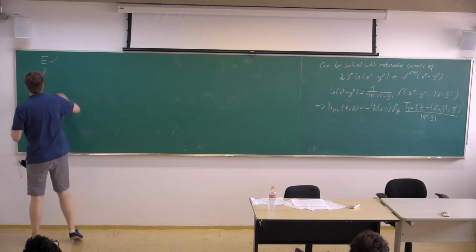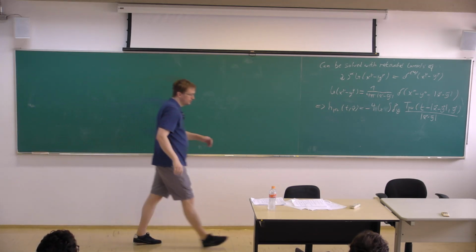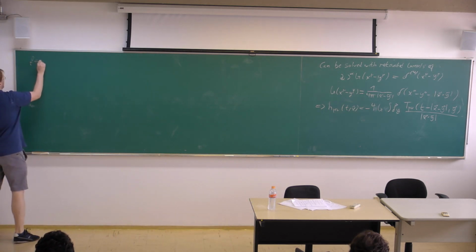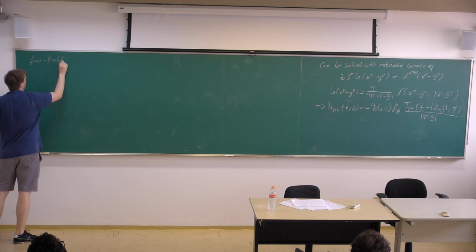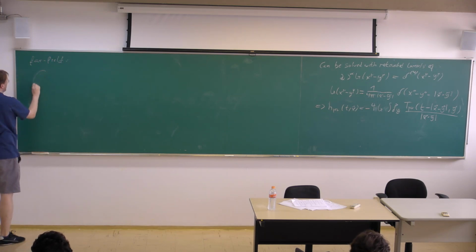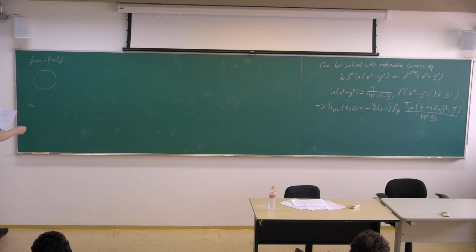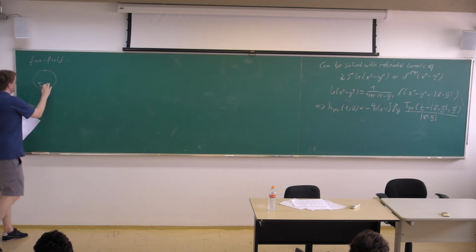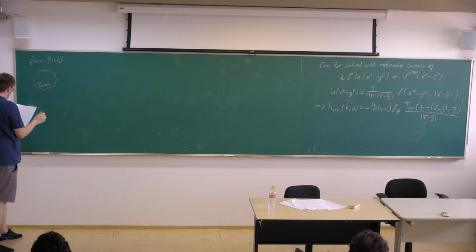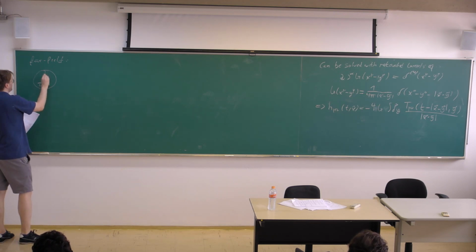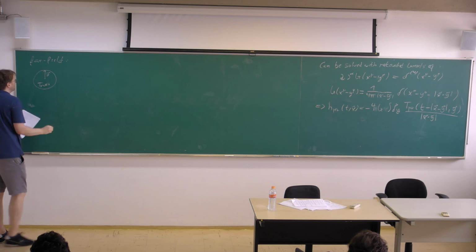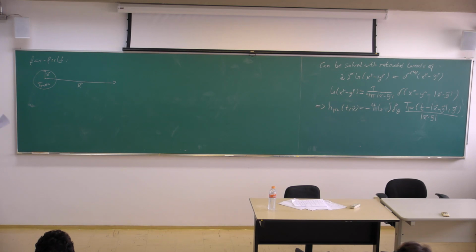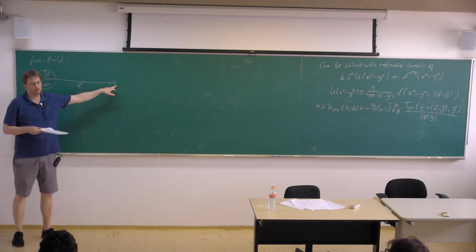Next step is to look at this in the so-called far-field approximation. The idea is we have some localized region where the energy momentum tensor is non-zero, and we assume it's zero everywhere else. Then y is my coordinate in this region, and x is the vector pointing to the observer, which is very far away.